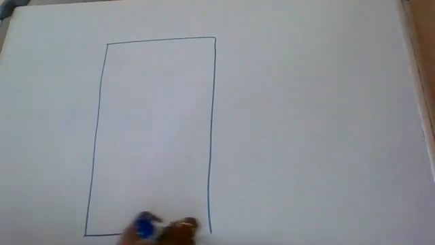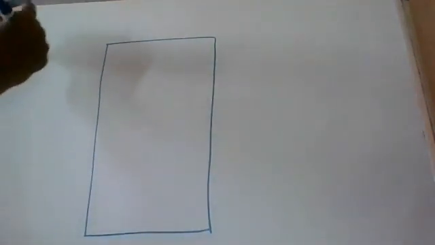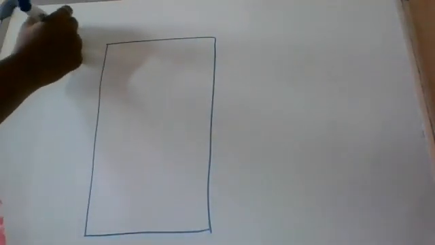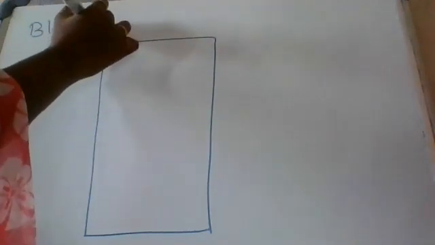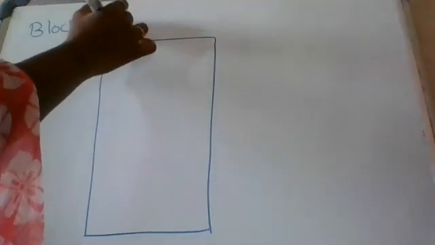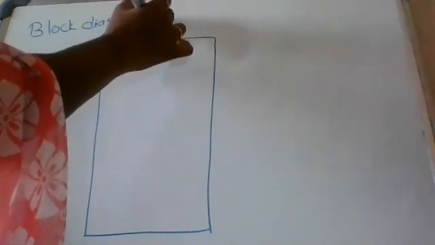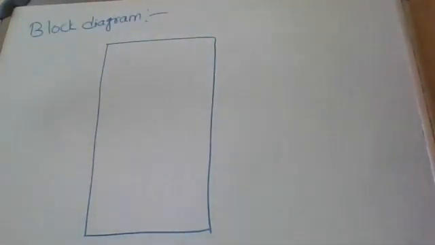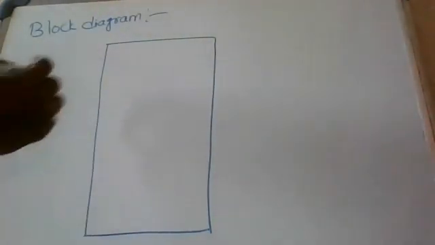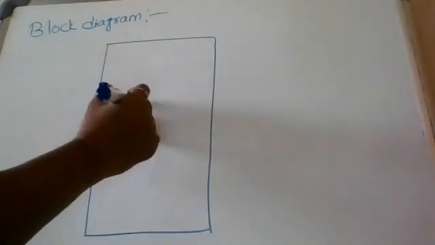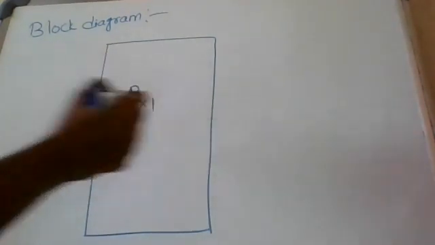So this is the general block diagram for a multiplexer. 2 power n into 1.